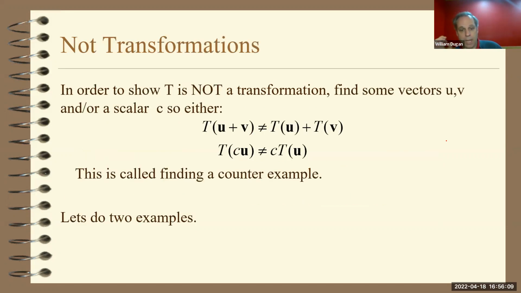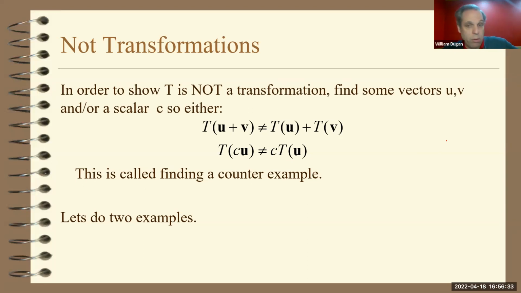Okay. Now you have a basic idea of how to show that something is a linear transformation. The second thing to do is, if you have just a general mapping between two vector spaces, how can you show that it's not a linear transformation? That's actually really easy. That's actually easier than the other one. All you have to do is find two vectors or a scalar so that one of the two properties is just not true.